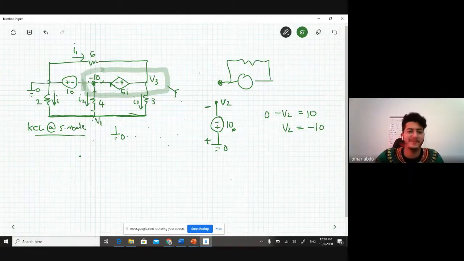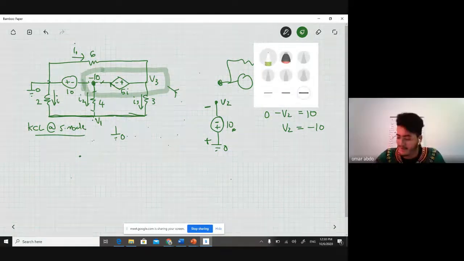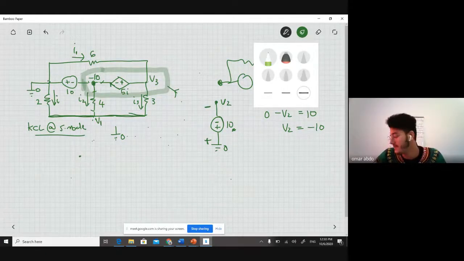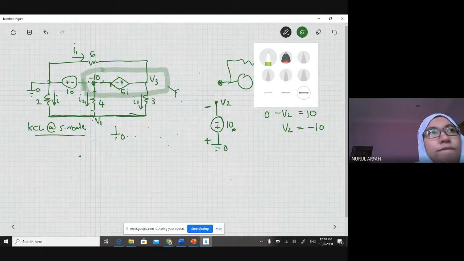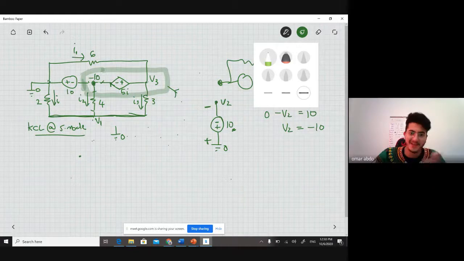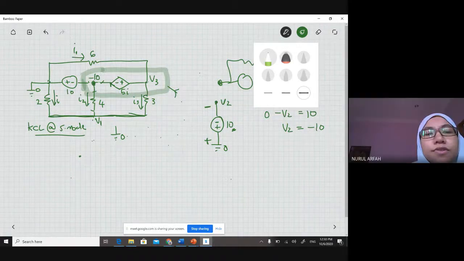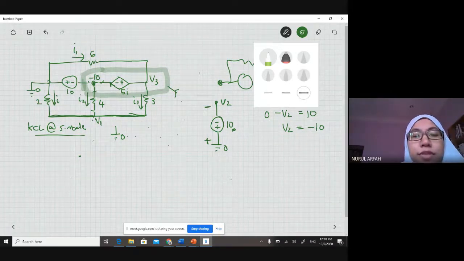Madam, if the question itself specifies the ground, can we change it ourselves, or do we have to stick to it? Actually, you need to follow the questions. But you can check your answer by doing another method.